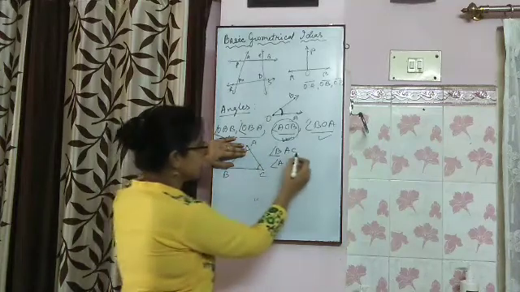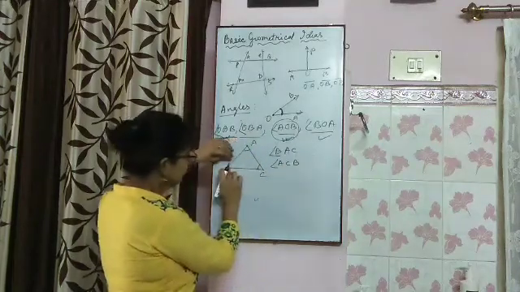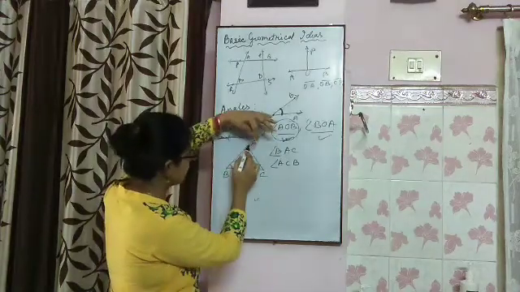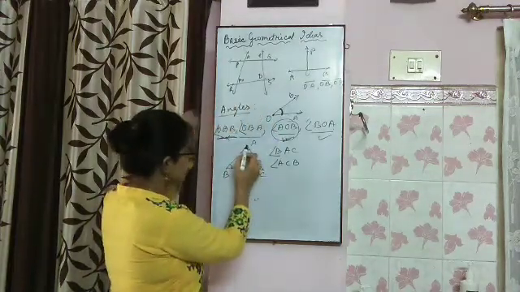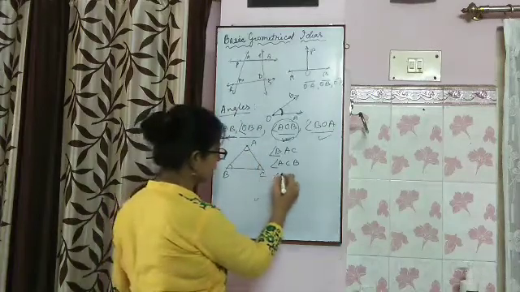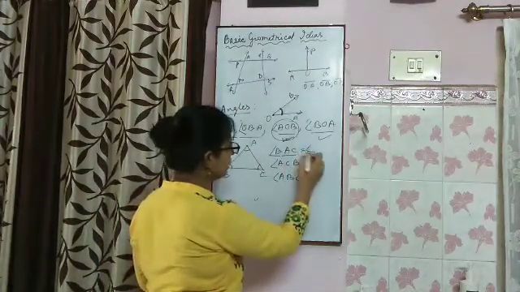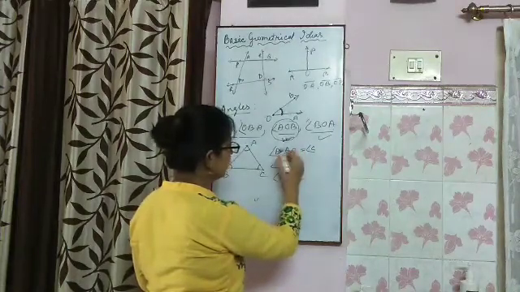ACB. BAC. I'll say B for naming this. Now B must come in between A and C. Therefore ABC. This angle can also be named by writing C here and B there.